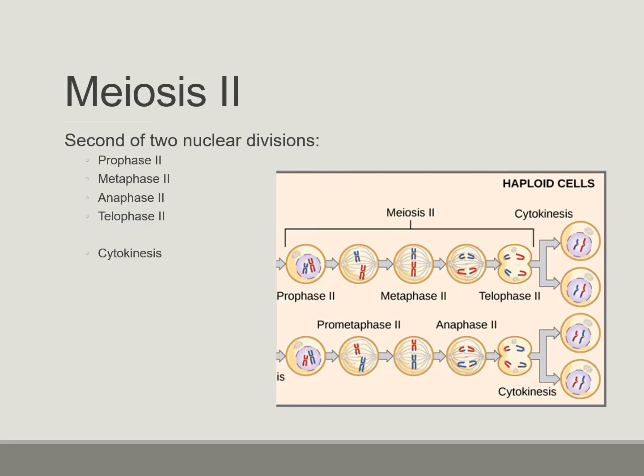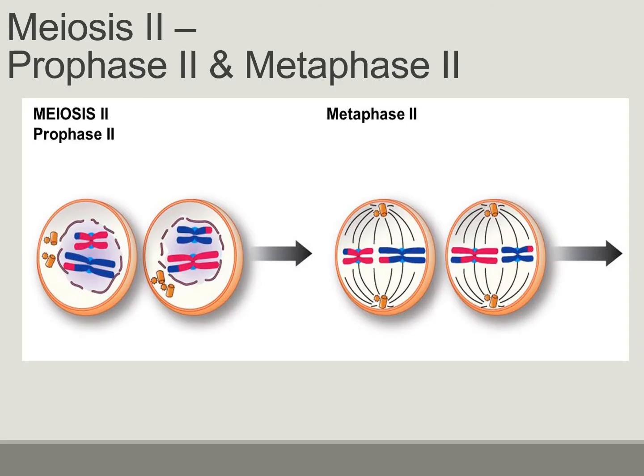When cells enter meiosis II, they go through a phase known as interkinesis, which is similar to interphase without the duplication of DNA again. These steps are more similar to mitosis than in meiosis I. During prophase II, chromosomes condense, but no pairing of homologous chromosomes and no crossing over.